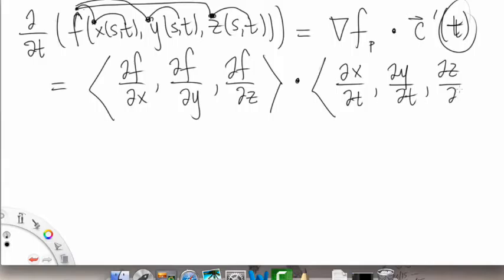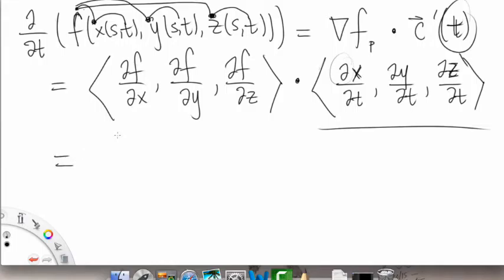Again, just a reminder, in this second vector we had to use the partial notation, not the normal d's, because our x, y, and z are now multivariable functions of both independent variables s and t, so we had to specify which one we wanted to focus on. In this case, it's t.